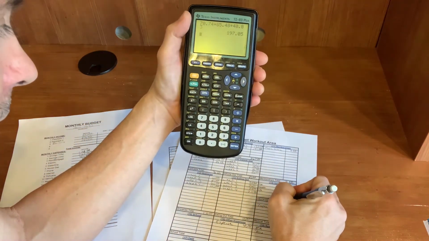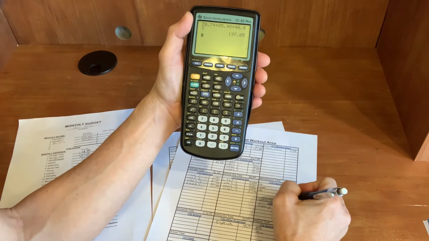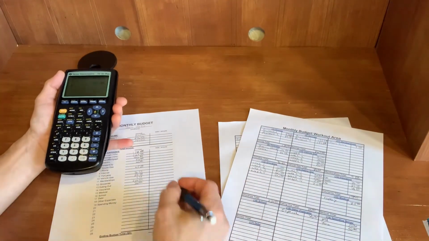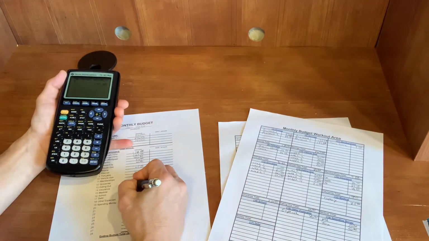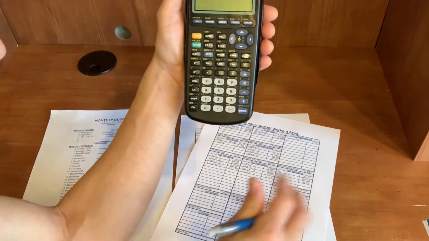So we got 197.05 right there. And then, so now we're moving that over to this one, 197. So we're spending 197.05 in insurances within the month.